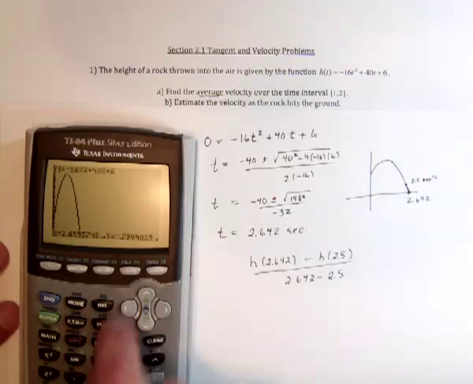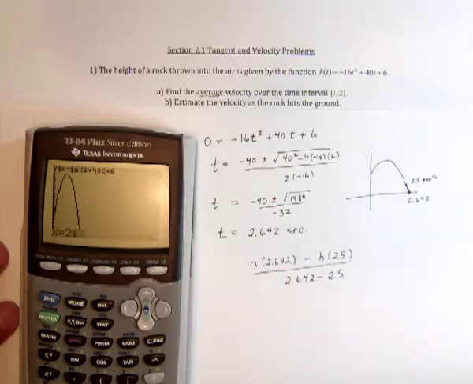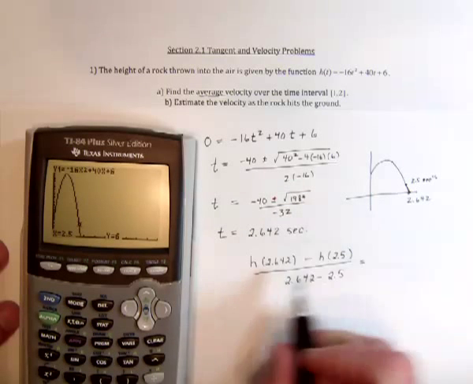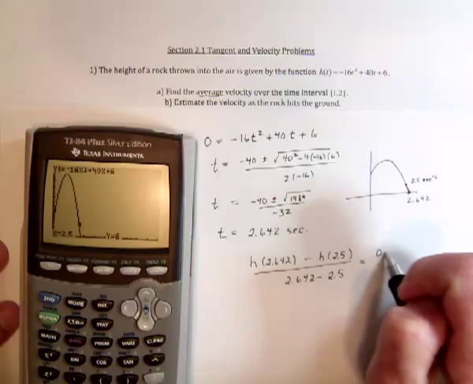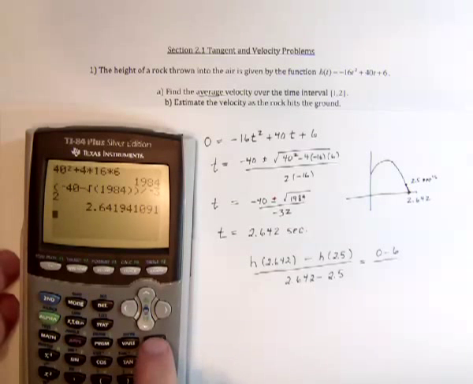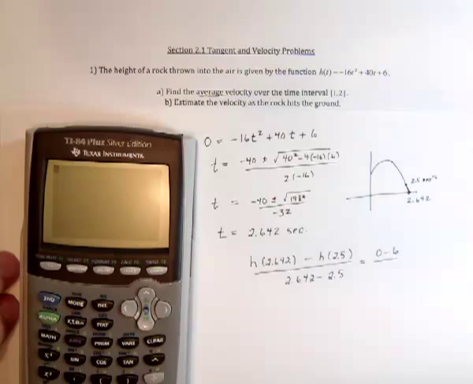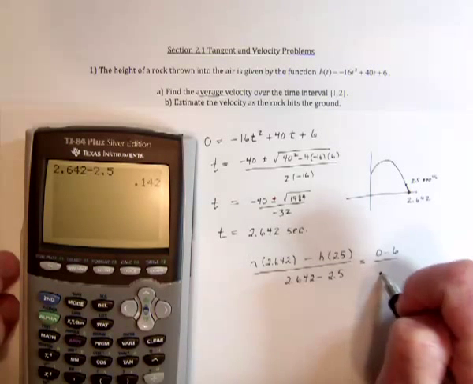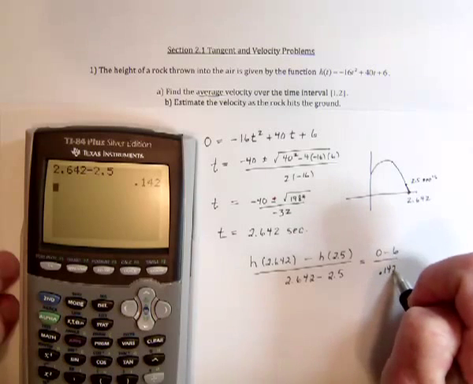So right now, to save a little bit of time on this video, I'm going to substitute the 2.5 to find out the height was 6 feet. So we would have this is a 0 minus 6, and then subtracting 2.642 and 2.5 is the result of 0.142.